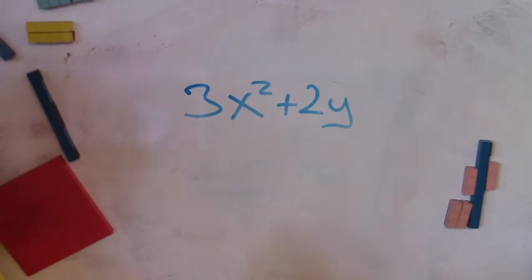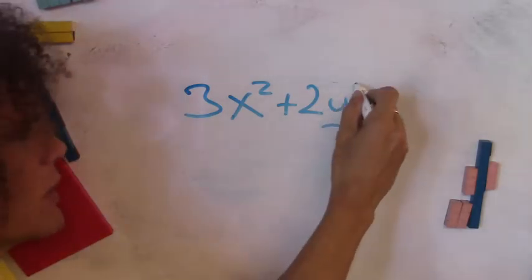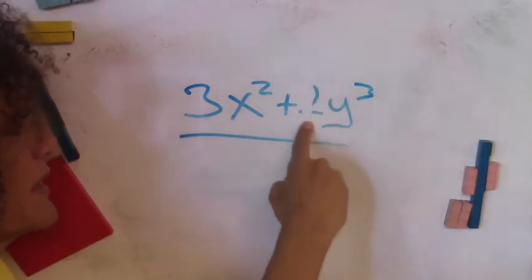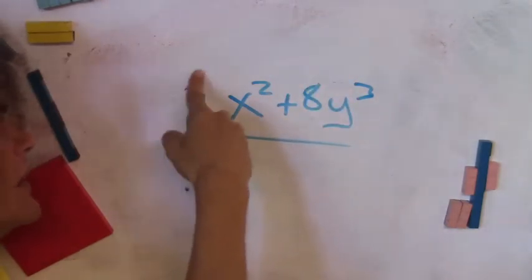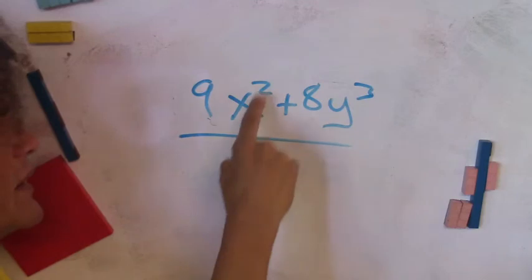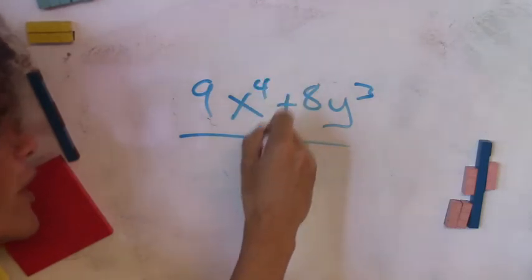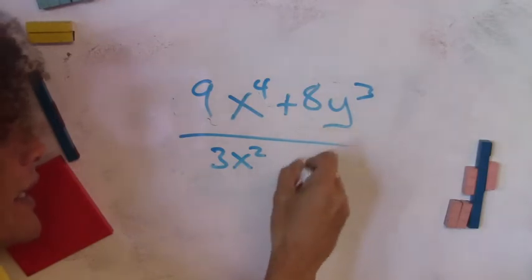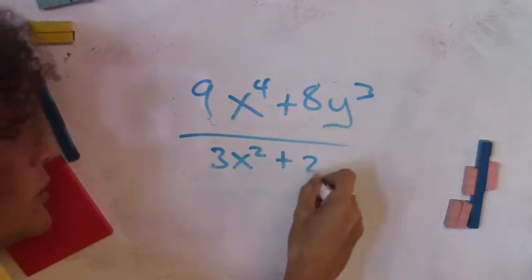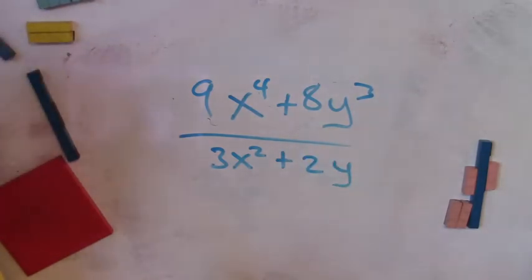Well, we're playing find the ones. What's under the cup is when we do problem solving. But I'm gonna do, like, say, we'll call this 3, and we'll make this 8 for fun, and we'll make this bigger. We'll make this 9, and then we'll make this 4, and then we'll make this 3x squared and 2y. There you go.